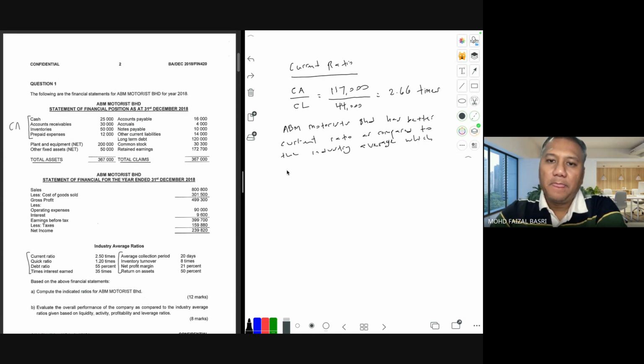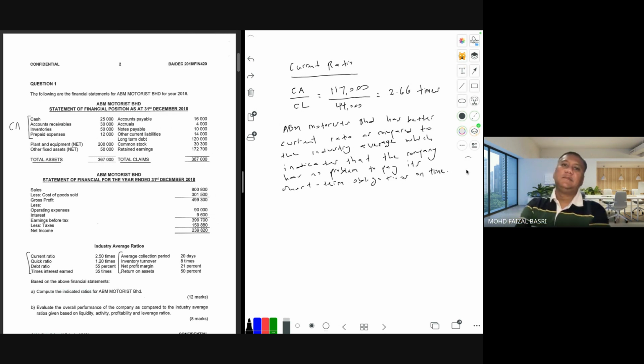Which indicates the company, ni ABM Mortuaries lah, the company has no problem to pay its short-term obligations on time. Okay, panjang juga lah.